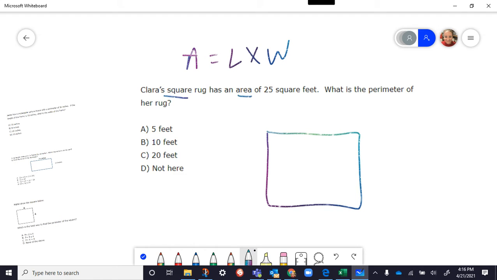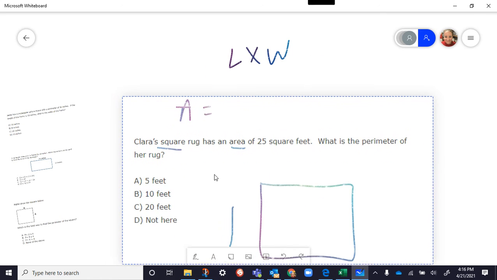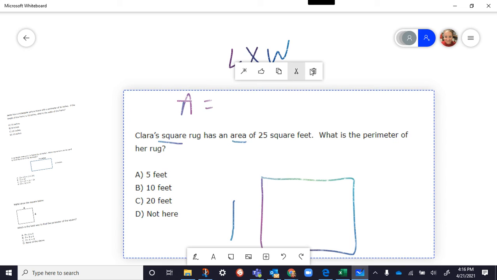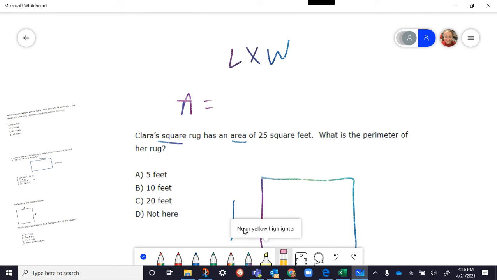So here, if the area equals 25, I can just put in here 25 is equal to the length times width.